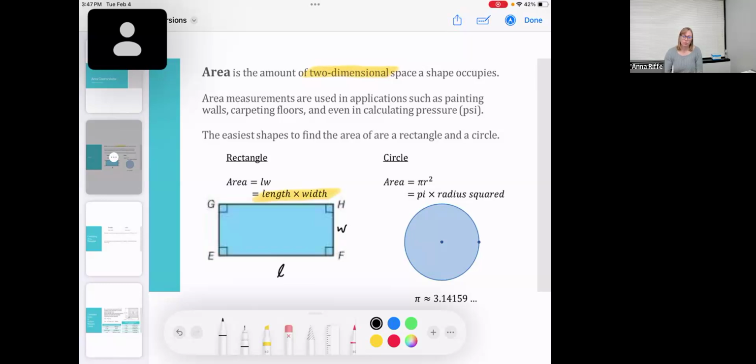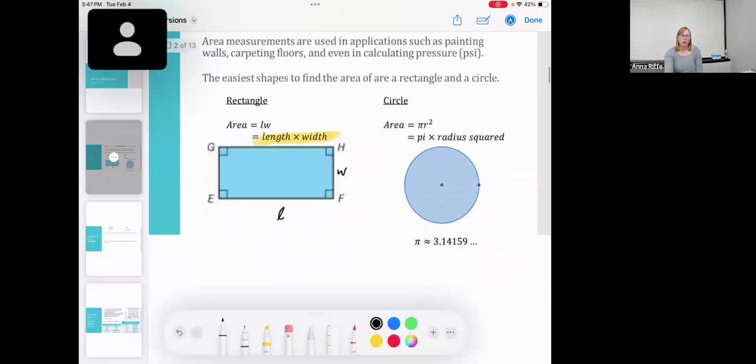Another formula for area that we'll be using is that of the area of a circle. To find the area of a circle, you take pi. Pi is a specific number. We have Pi Day coming up. You're probably somewhat familiar with that. Pi is an irrational number. It's about 3.14159, et cetera, et cetera.